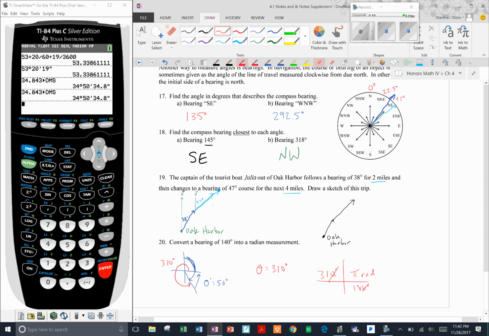The multiple of 10 and the degrees cancel out, and we're left with 31 pi over 18 radians. So find out what you are in standard form, and then convert that to a radian measure.